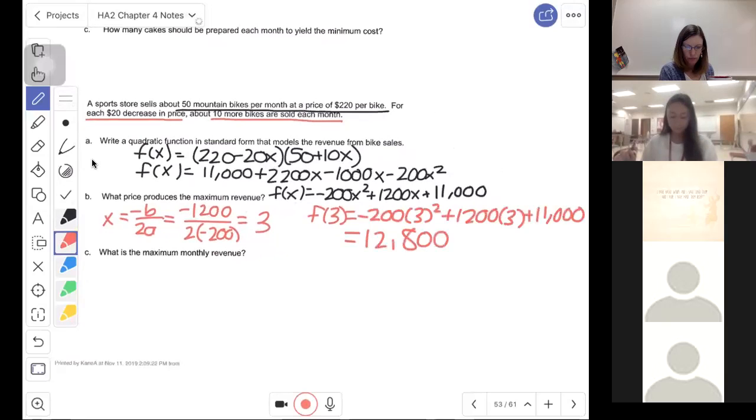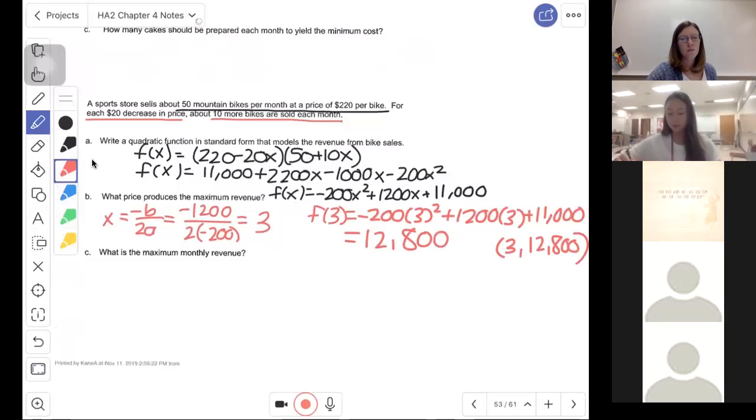Good. So now they're saying, what? So the question is, what price produces the maximum revenue? So we got that vertex, that maximum, which is 12,800, but we have to answer that question. What price produces the maximum revenue?